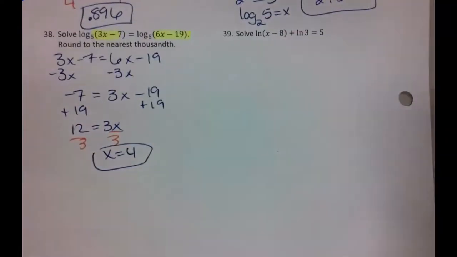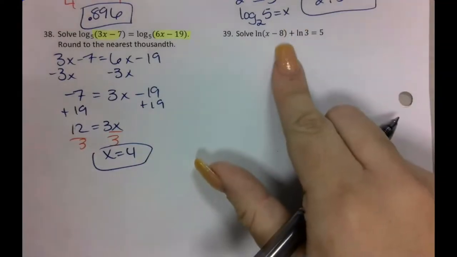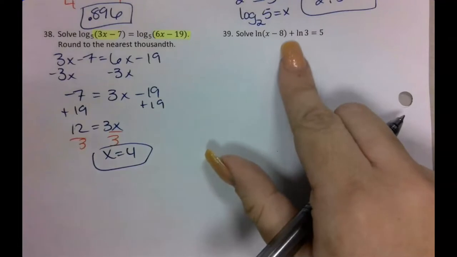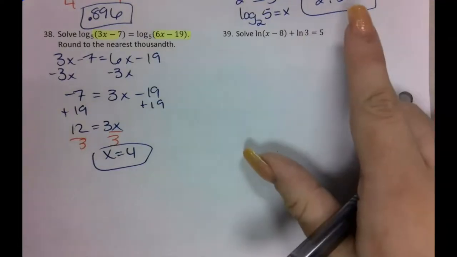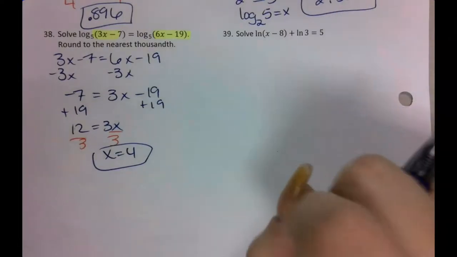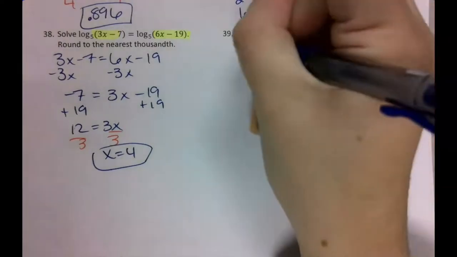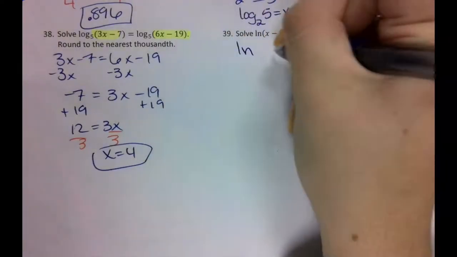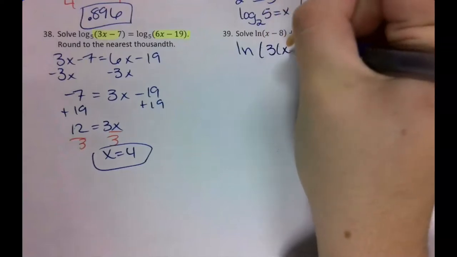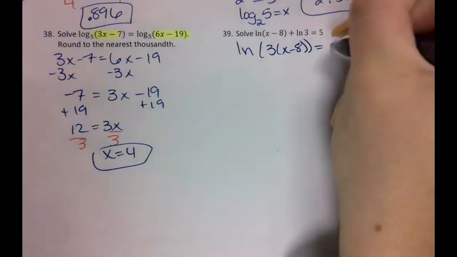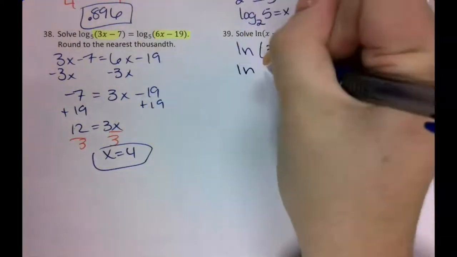Number 39, I have 2 logarithms on one side and a number on the other. I want to start off by condensing. Remember, adding is turning into multiplication. Subtracting is turning into division. So I'm going to condense. I'm going to have ln of 3 times x minus 8 equals 5. I want to go ahead and distribute that out.